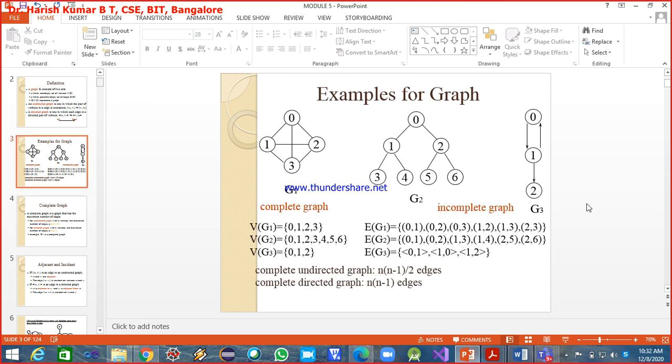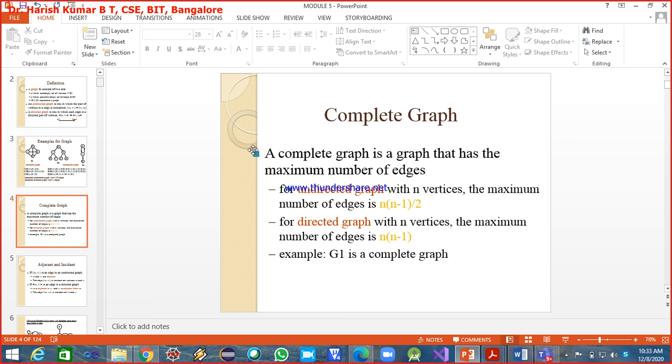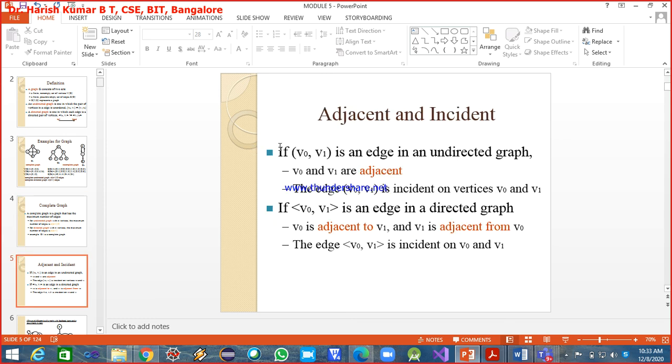So if I go back, this is the edge in an undirected graph, and these two are adjacent because they are connected by the same edge. This particular edge is incident on the vertex v0, and also incident on the vertex v1. This is for incident and adjacent in the undirected graph.